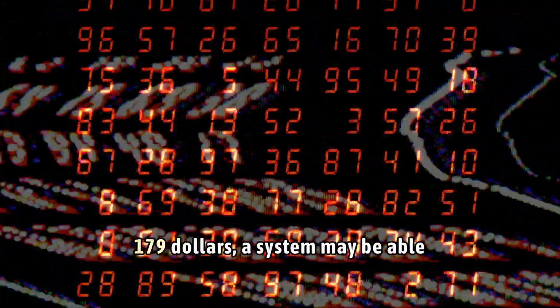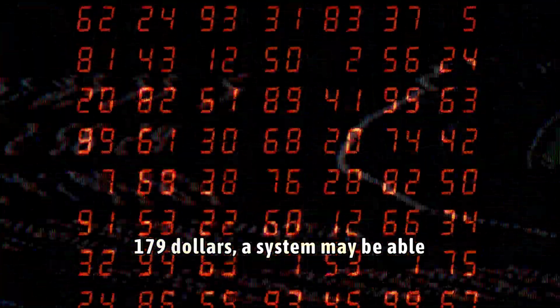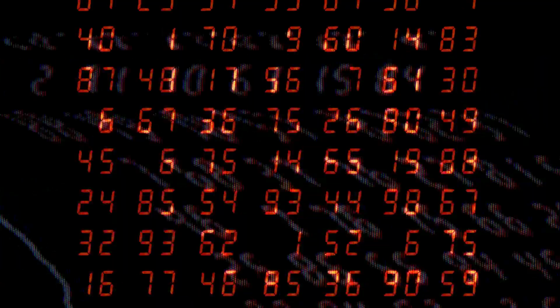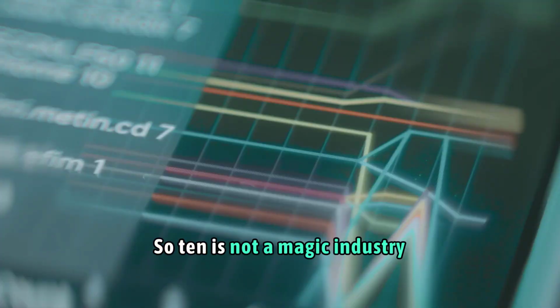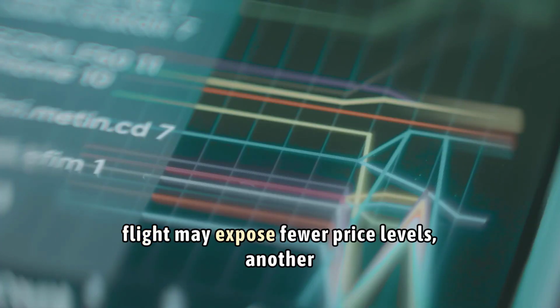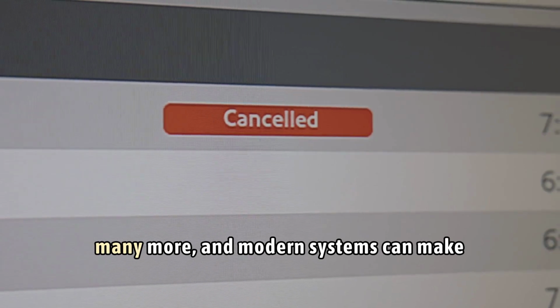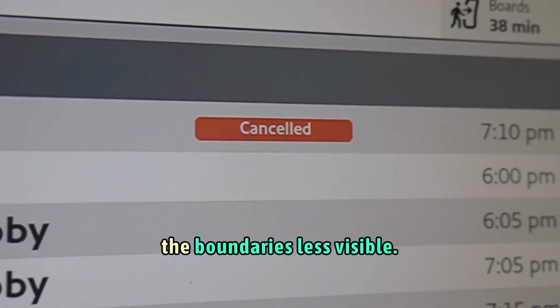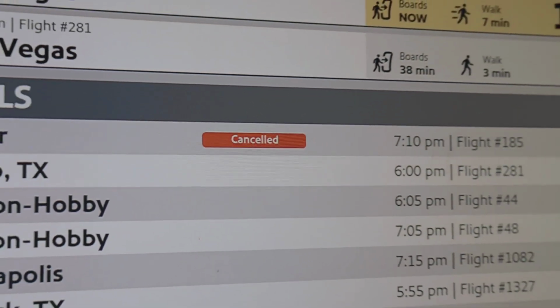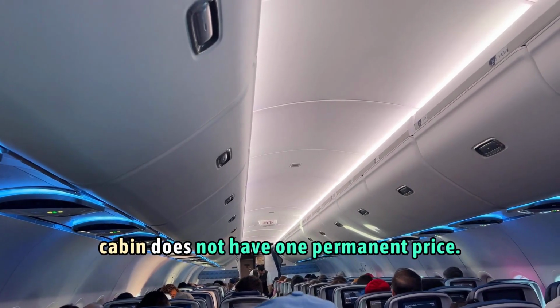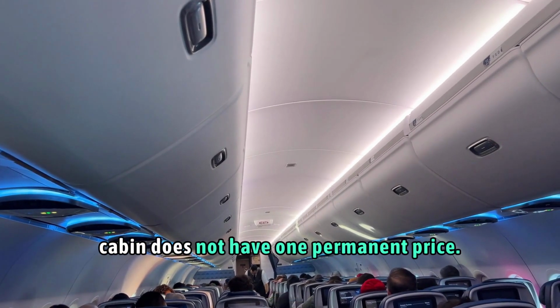Instead of choosing only between $129 and $179, a system may be able to create something between them. So 10 is not a magic industry number. One flight may expose fewer price levels, another many more, and modern systems can make the boundaries less visible. The important fact is that a single cabin does not have one permanent price.